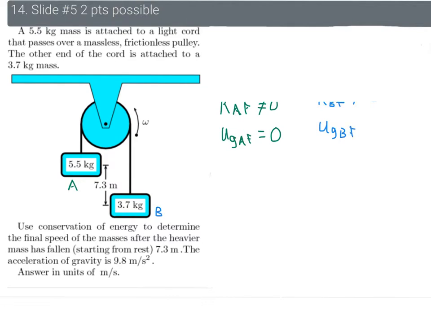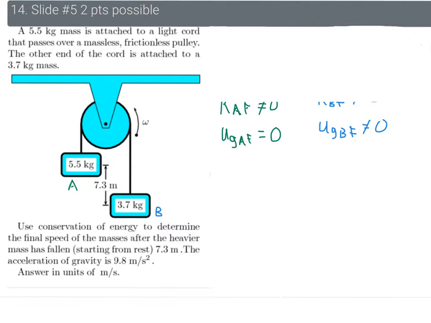And B is going to be lifted up into the air, so at the end, B is going to end up with some potential energy. It's not going to be equal to 0. So we're doing this just to kind of keep track of what kind of energy do I have at the beginning, what kind of energy do I have at the end.